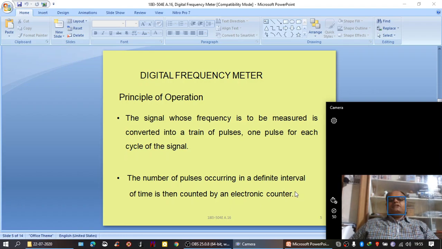In a definite interval of time, that is the gating pulse duration, those pulses are counted by an electronic counter. Electronic counter will count the number of pulses during that gating time period very accurately, and it will provide the count of the pulses that reached the counter.